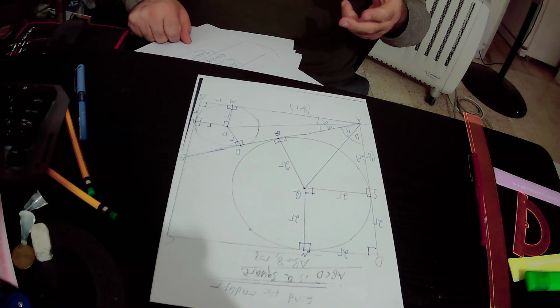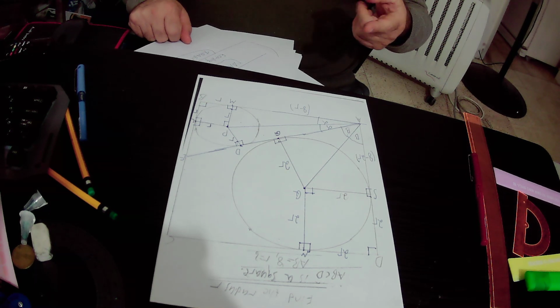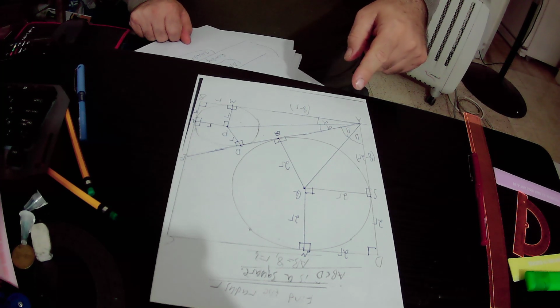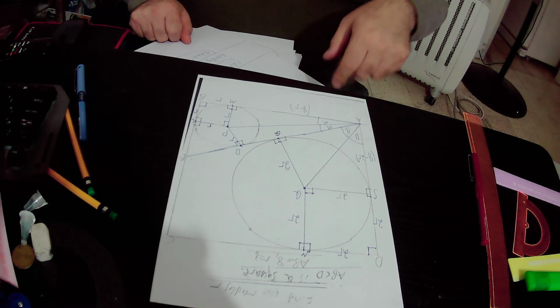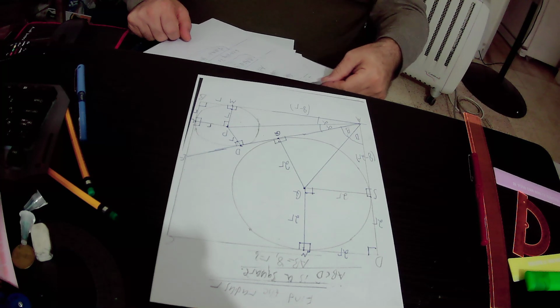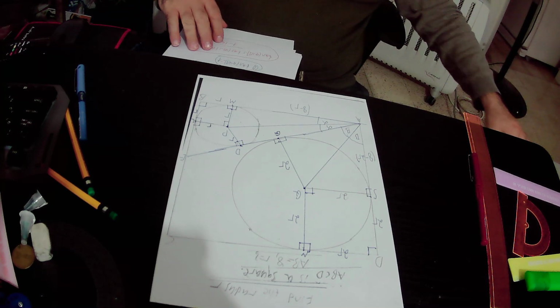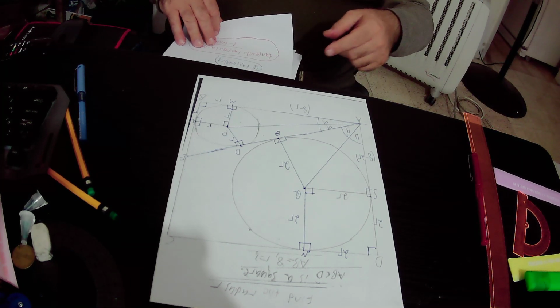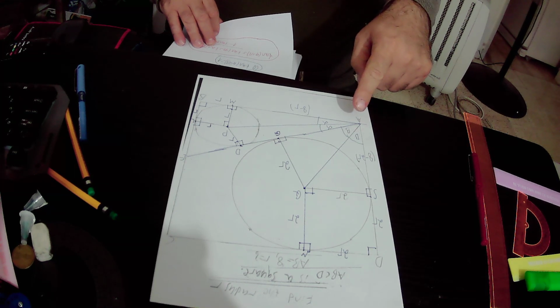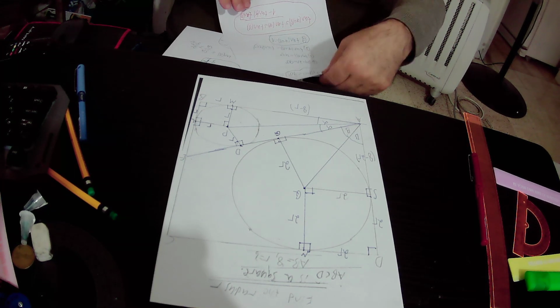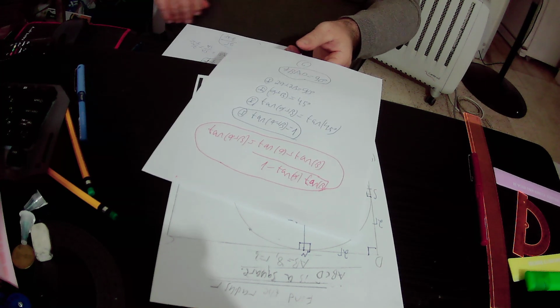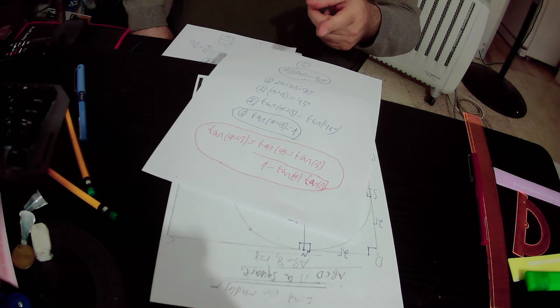All the angles of square ABCD are equal to 90 degrees, but this angle equals 4 angles, 2 alpha and 2 beta. So we can write down that 2 alpha plus 2 beta equals 90 degrees. We divide this equality by 2 and we get that alpha plus beta equals 45 degrees.